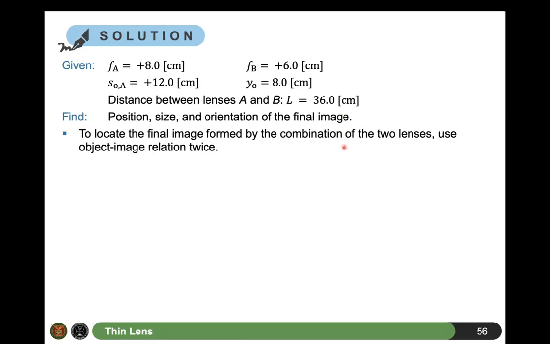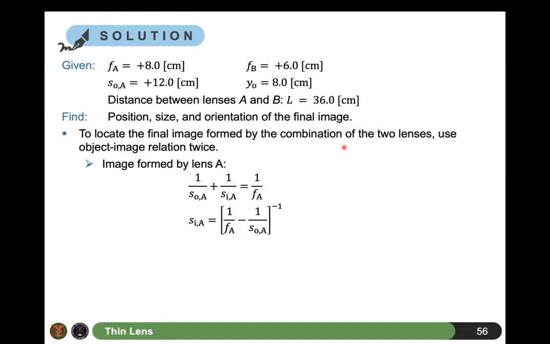So to locate the location of final image, tingnan muna natin with respect sa lens A. Okay? So with respect sa lens A, we apply our thin lens equation. Alam natin yung FA, alam natin yung S naught A, and we calculate for the image distance formed by lens A. So that will be 24 centimeters positive.